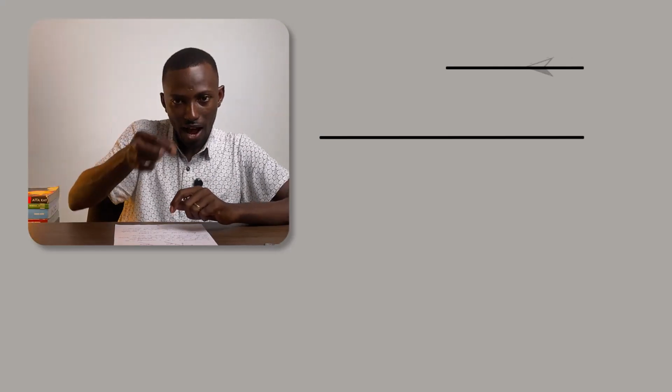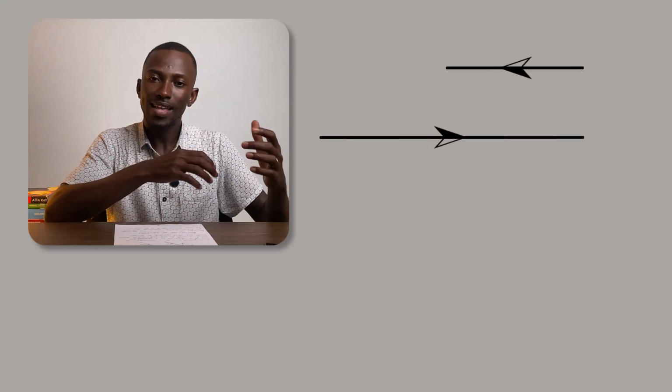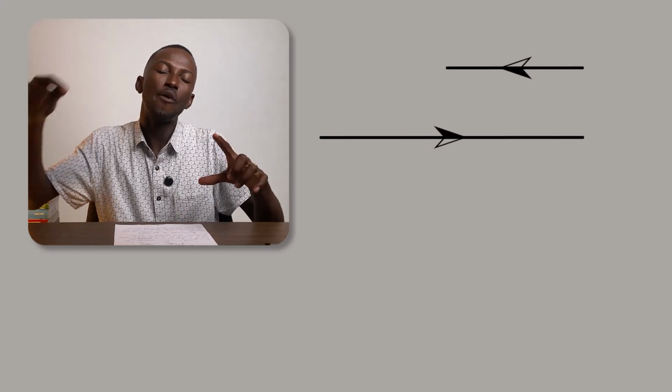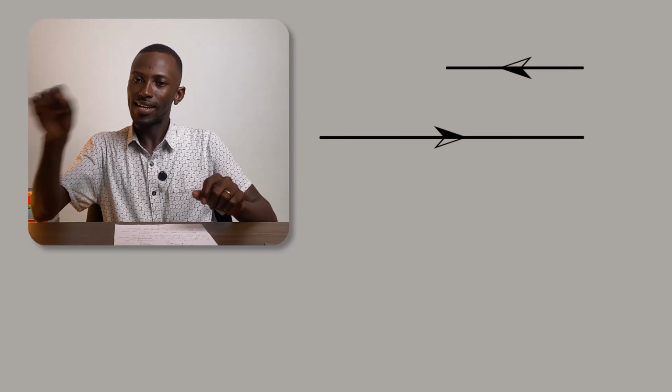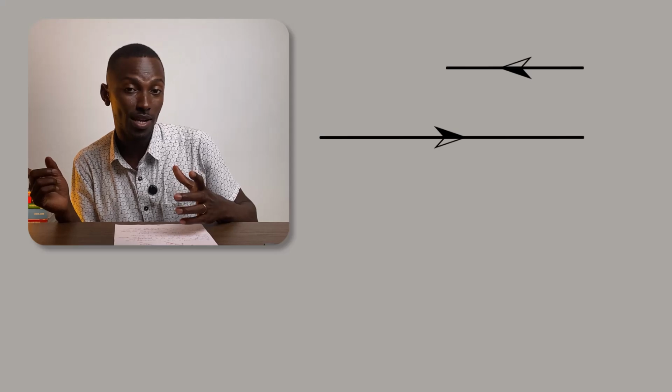So the length of the line tells us the magnitude of the force. And then on that line, there will be an arrow. The arrow tells you the direction in which the force is being applied. So if I draw a line and an arrow is pointing in a particular direction, that tells you the direction of the force. Good. So I think that makes sense to you.